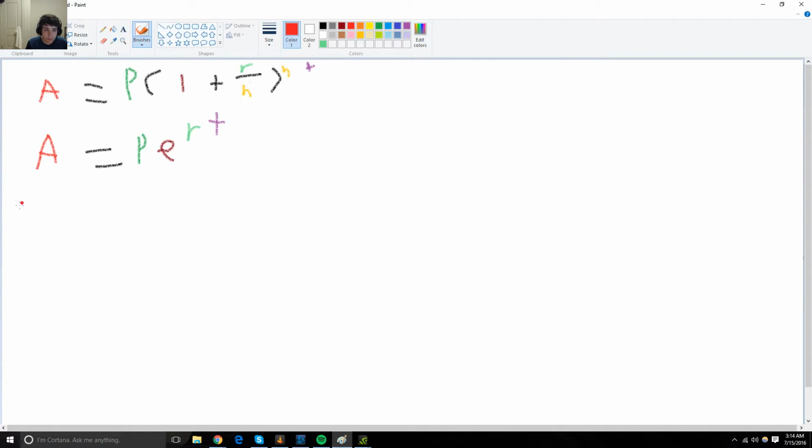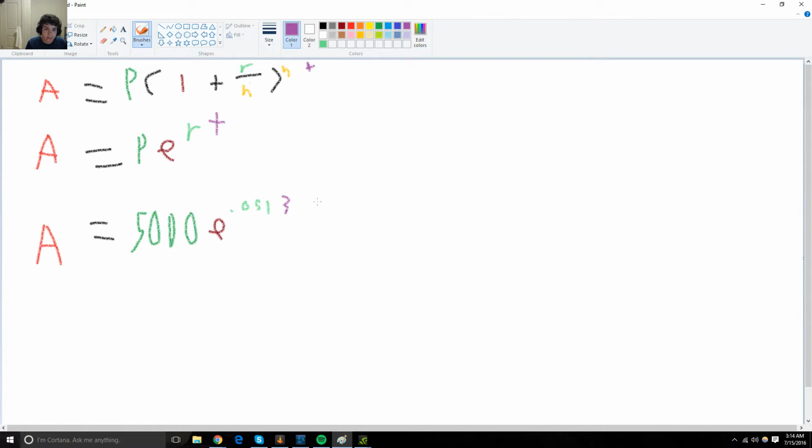So we're going to do A equals, the initial value is 5,000. Times e to the rate, which is 5.1%, which in decimal form is 0.051, times 3 years.